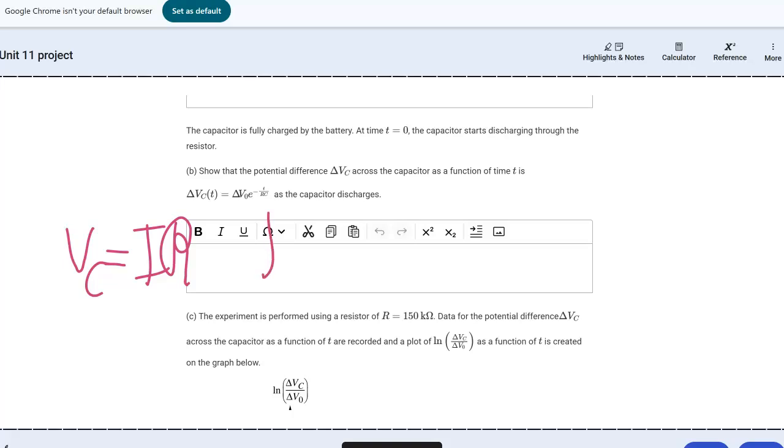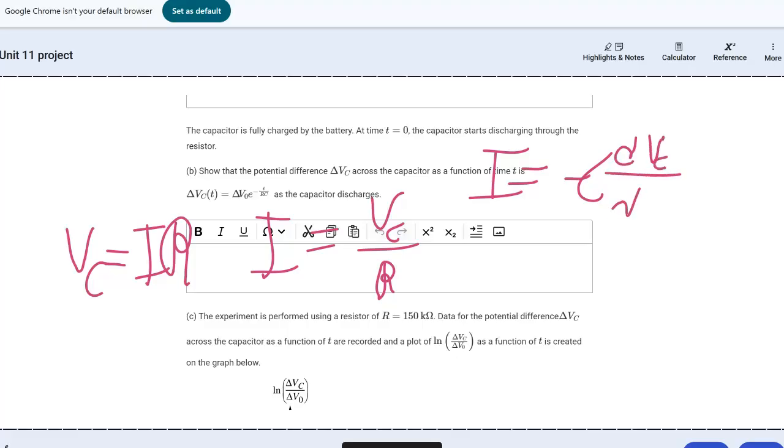So then our I equals V_C over R. And we know that current is also equal to negative C dV_C/dt.